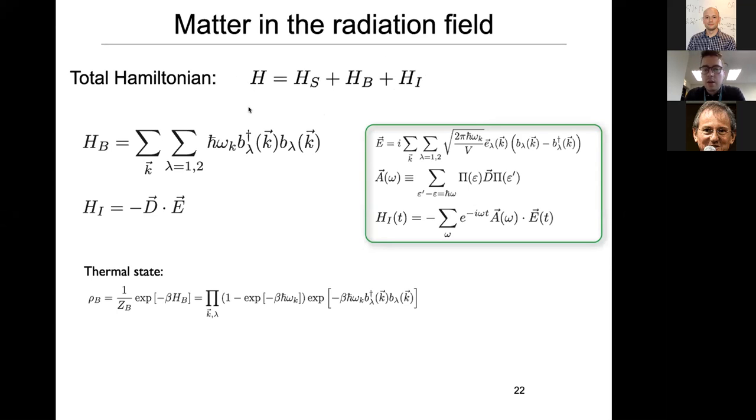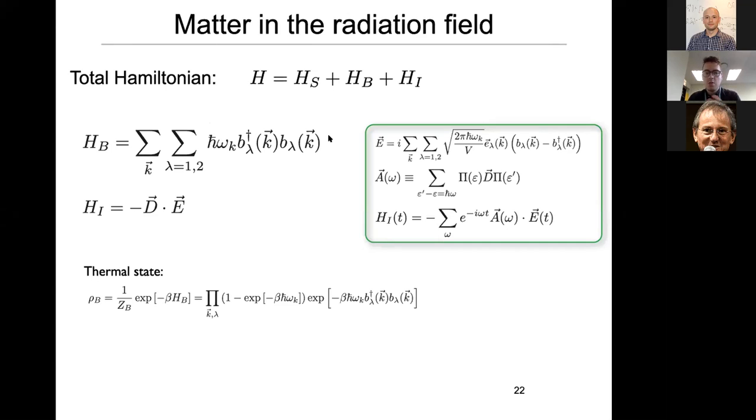And as I mentioned, we're assuming that our environment is being modeled as a quantized electromagnetic field. So in this situation, the Hamiltonian of our environment, H_B, can be written in the following way.